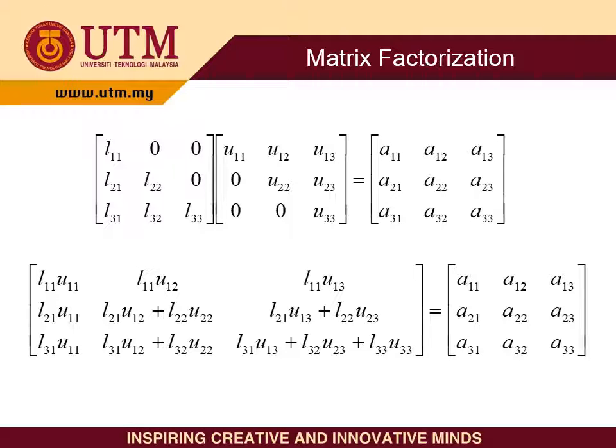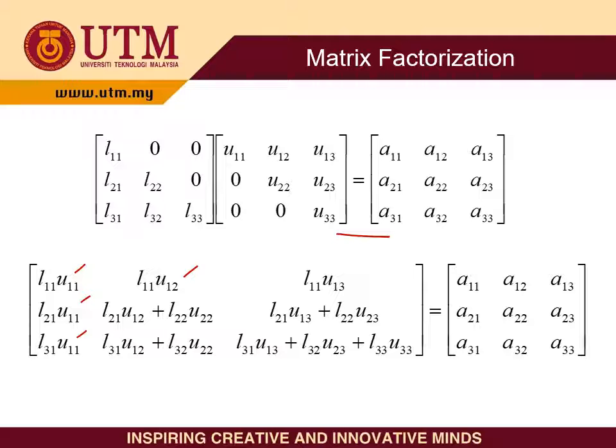Now, how do we calculate the lower and upper to become A? So, for A11 here, you need to have L11, U11. You need to multiply them to get A11. For A21, you need to multiply L21, U11, and for A31, L31, U11. Alright, for the second column, for A12, you need to multiply L11 with U12.